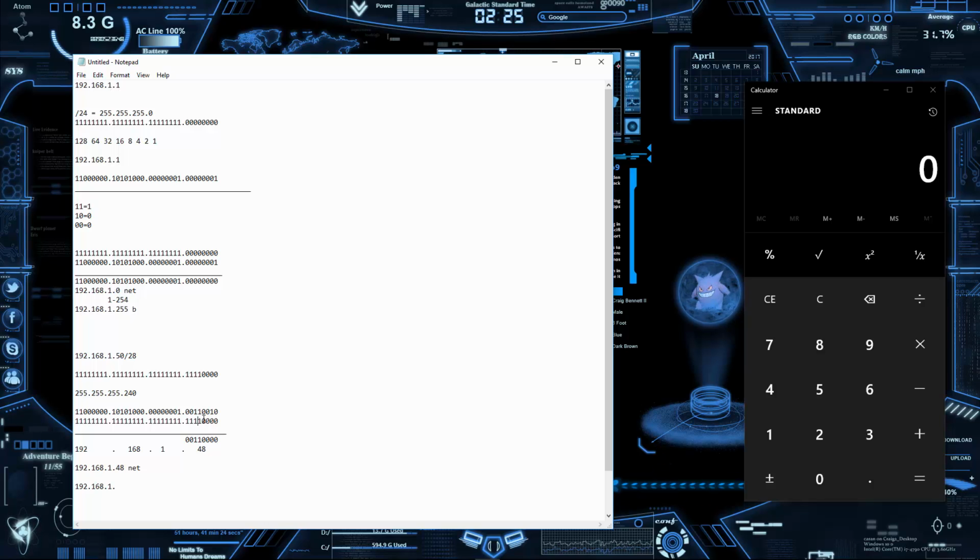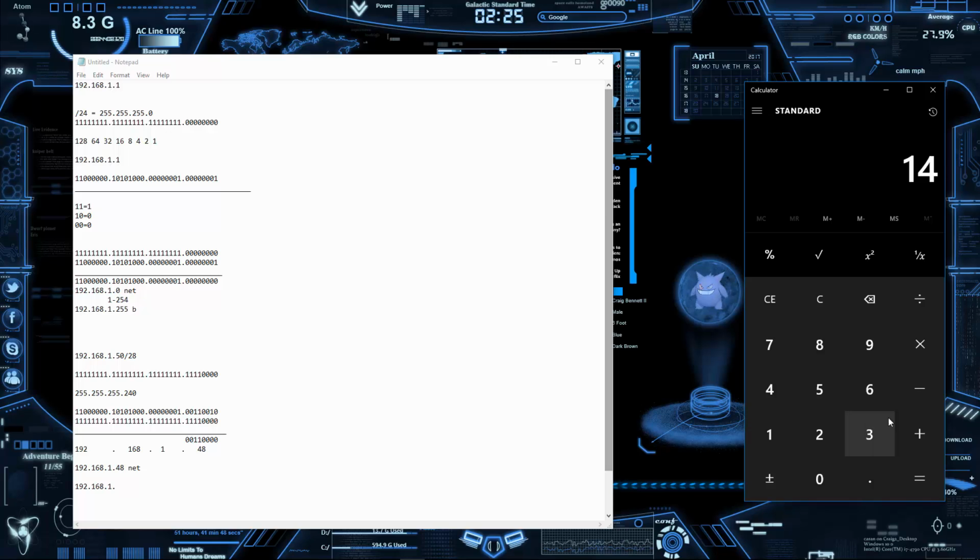And you always need to have a net and a broadcast. Those are automatically taken, so subtract 2 from whatever it is. In this case, it's 16, so you subtract 2 and that gets you 14. Simple as that.